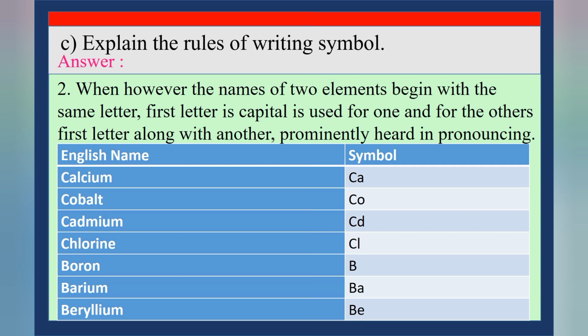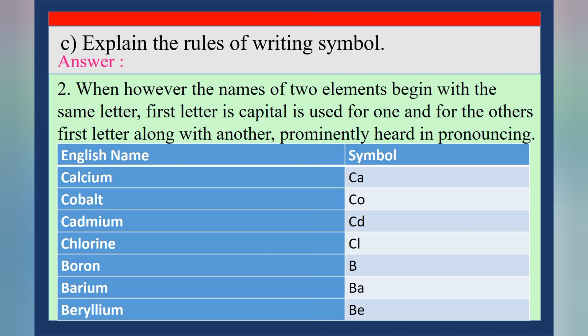Now if we come to boron, then it will be only B. If we come to barium, then it will be what? Ba. Here a is the prominent letter, that's why we are using it.